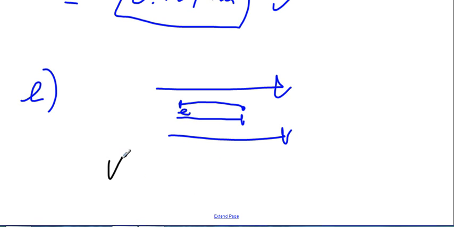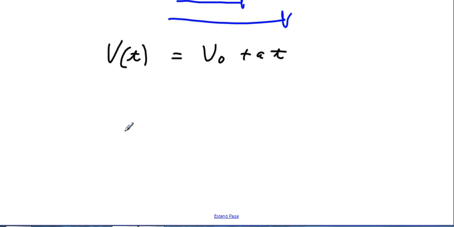We know that velocity at time t is equal to velocity naught plus at. And from that we can come up with the time is going to be v minus v naught divided by acceleration.